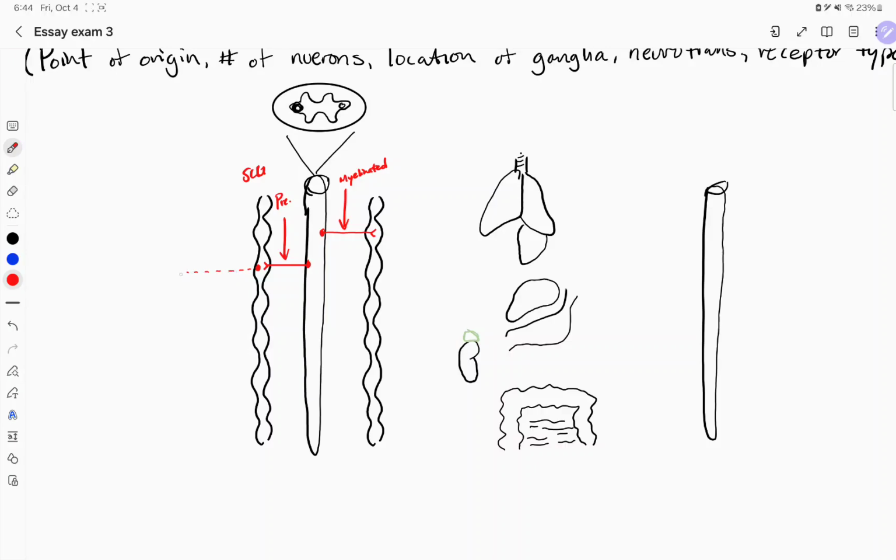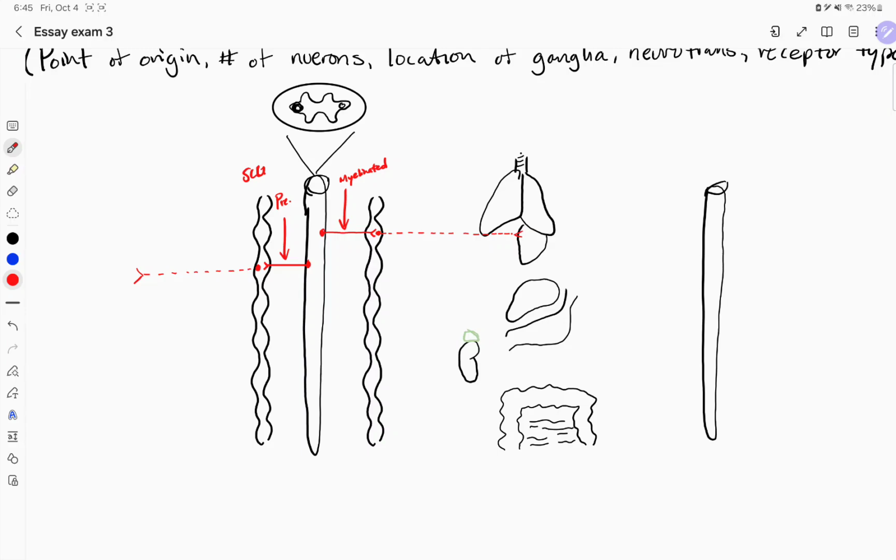Here would be our postganglionic neuron. And I'm going to draw another one on this side, like this. Boom. All right. So you'll notice with the sympathetic nervous system, we have a short preganglionic neuron and a longer postganglionic neuron. And the postganglionic neuron is unmyelinated.